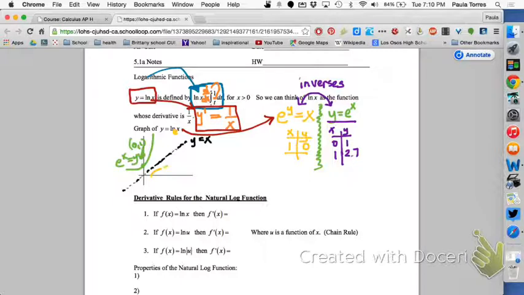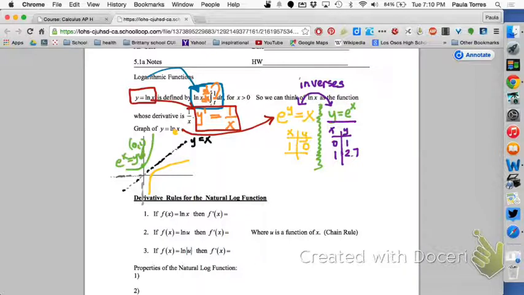And then it's going to go this way. Now, on the green version, I get an asymptote at the y-axis. And on the yellow version, I get an asymptote at the y-axis.